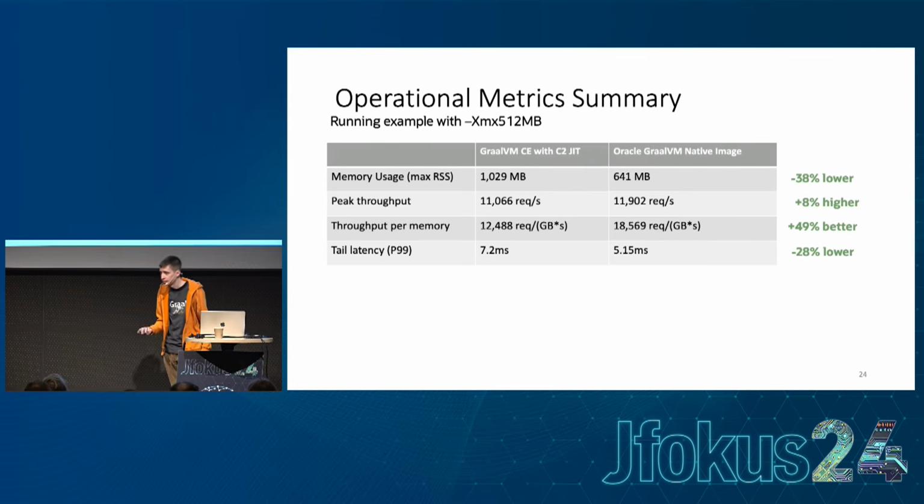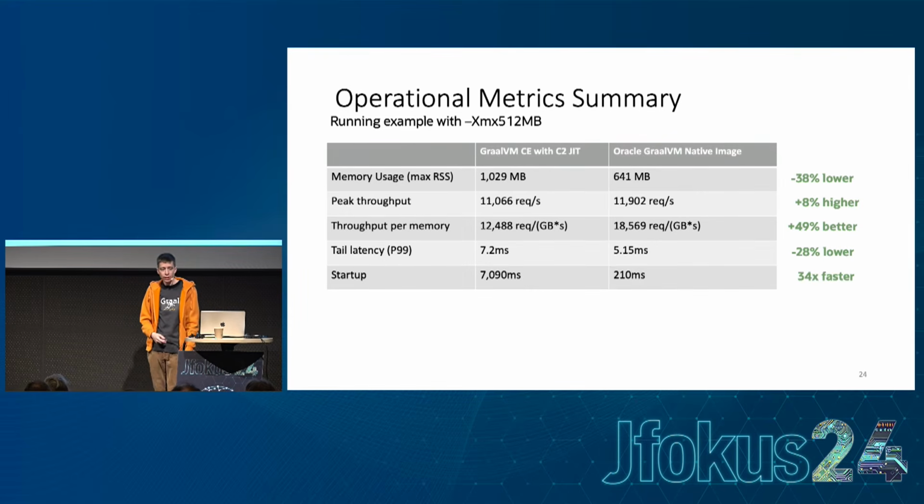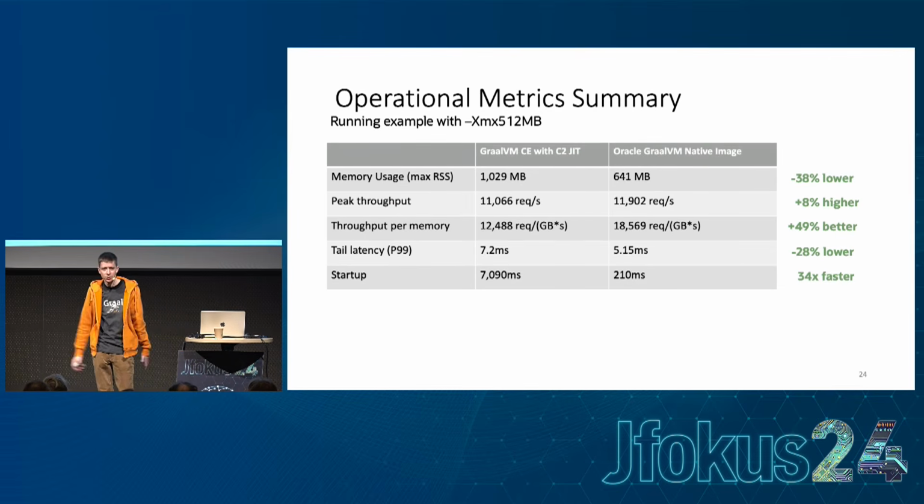The tail latency is better because garbage collection becomes a little bit simpler with ahead-of-time compilation, and JIT compilation can interfere with your tail latency. And startup is 34x faster, of course. Everybody knows that; it's a no-brainer that if you compile ahead of time, your startup is going to be better.